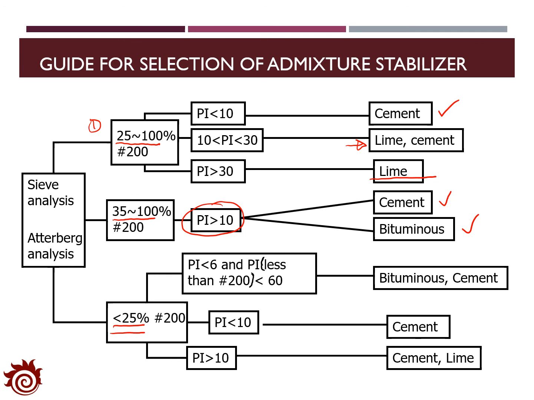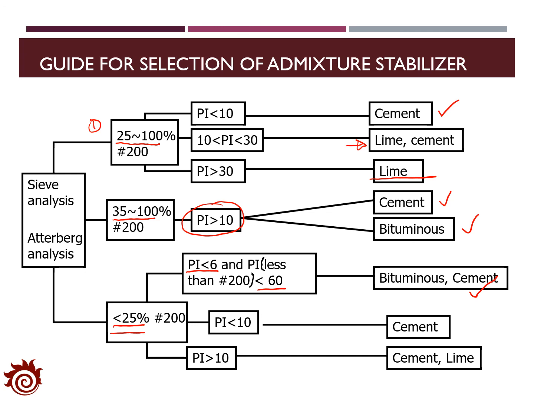First, the plasticity index. If the plasticity index of the soil is less than 6, and the product of the plasticity index and the percentage passing the number 200 sieve is less than 60, then we will choose bituminous or cement.